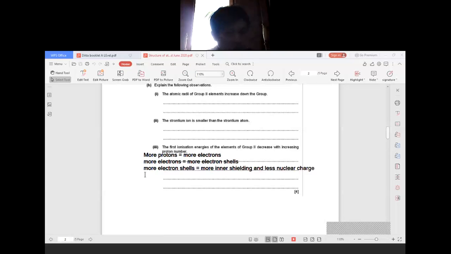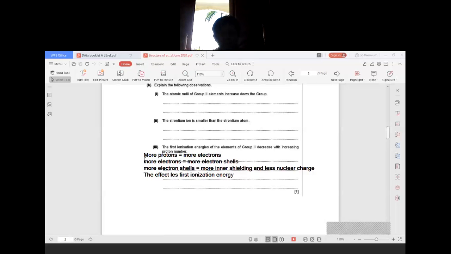So if there is more shielding, less nuclear charge, the effect is less first ionization energy. Yeah, less ionization energy. Okay, so that is the way how to answer this one.